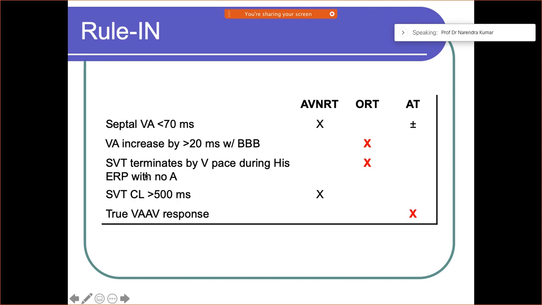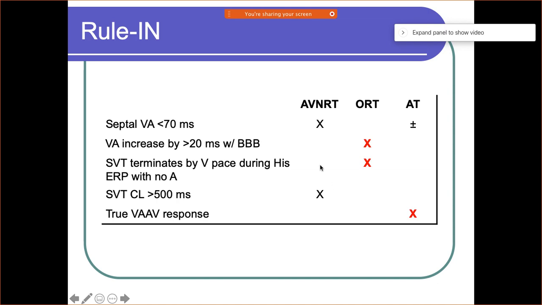And another key thing is, whenever you're doing ventricular pacing at the His effective refractory period, and there is no A, of course you are able to rule out orthodromic reentry tachycardia. And similarly, the cycle length, I had already said, if it is more than 500 milliseconds, you are able to rule out even AVNRT as well.